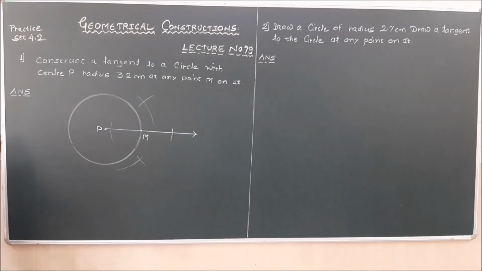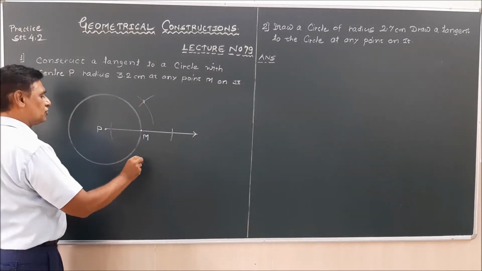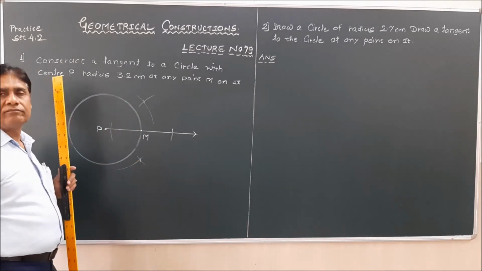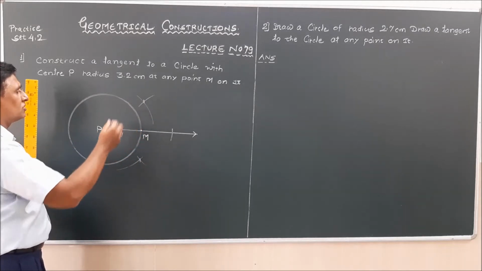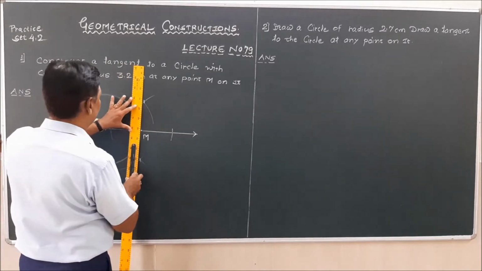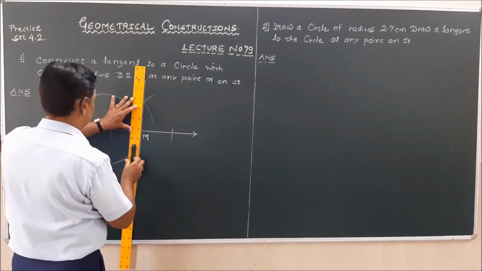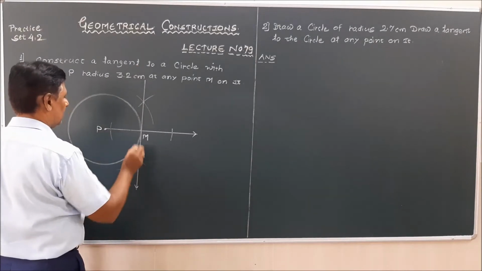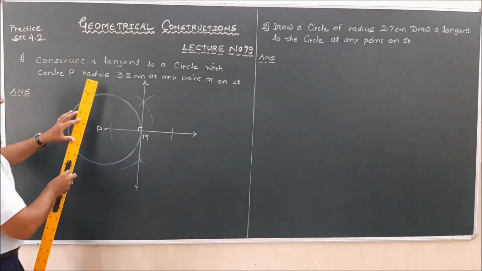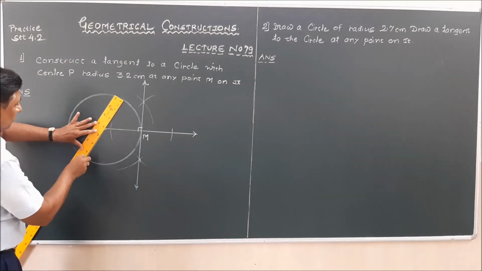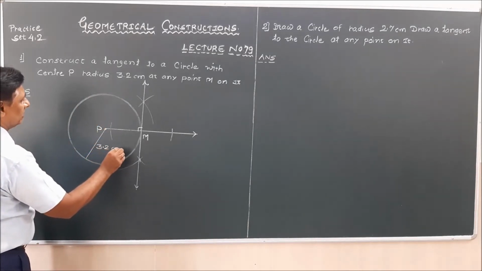Then it becomes very simple. Now, we have to draw a line passing through the point of intersection of these 2 arcs and point M. Straight away draw a line, the line which is passing through the point of intersection of both the arcs and point M. Now labeling of the figure: we must label it as 3.2 cm.